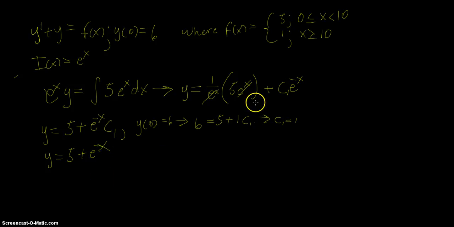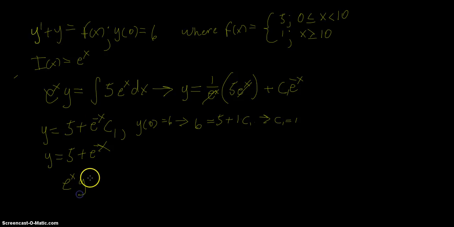Alright, now consider the case where x is equal to 10 or greater. Again, we'll use the integrating factor method. In this case, q of x is going to be 1. So we have, again, e to the x. By the way, p of x is still 1, so the integrating factor is e to the x.